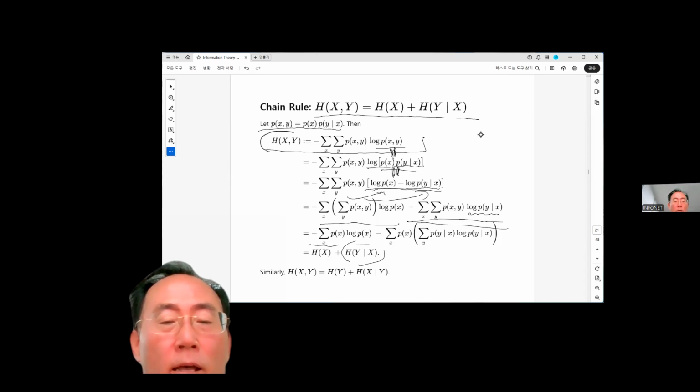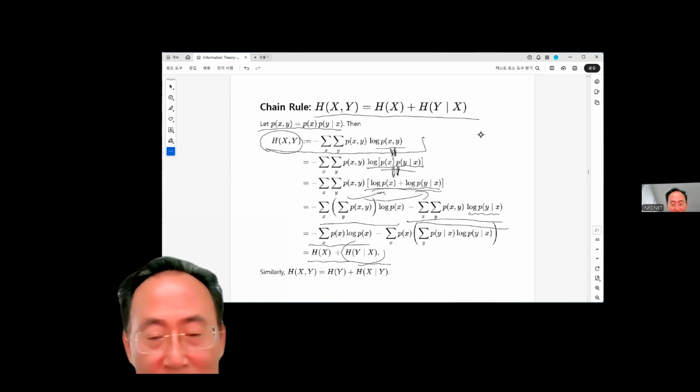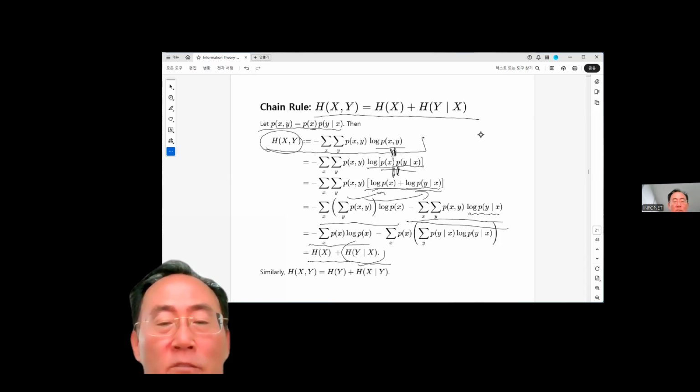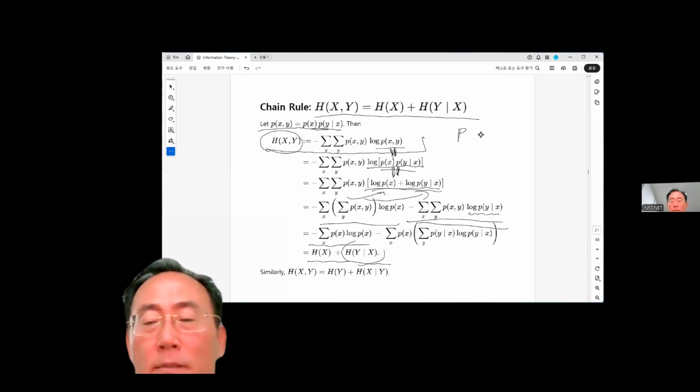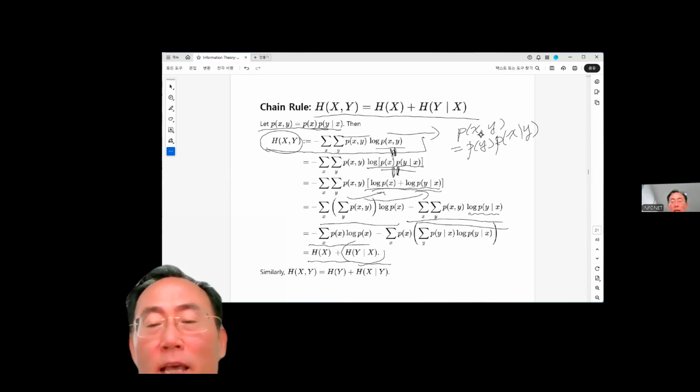So joint entropy can be written this way by conditioning on x, using this one. But that can also be written as p of y times p of x given y as well.